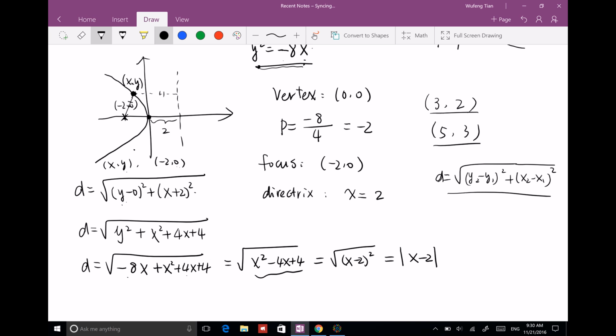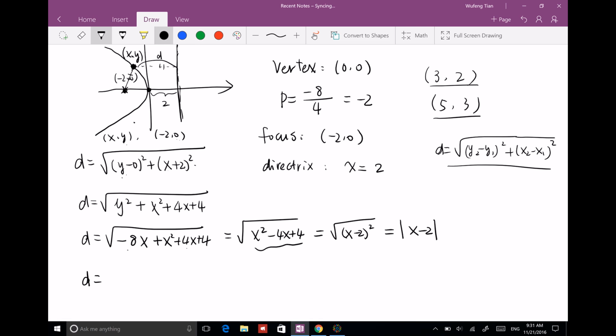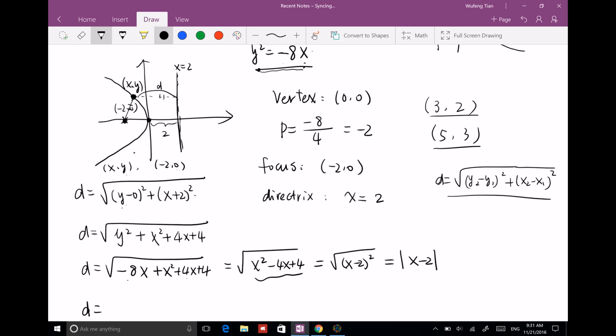Yep. So this is the distance from this point to the focus point. Now, what is the distance from this point to the directrix line? Since this is x equals 2, the distance is always horizontal. It's actually just the difference of x values. So the x value here is 2, and the difference of x values is just 2 minus x.